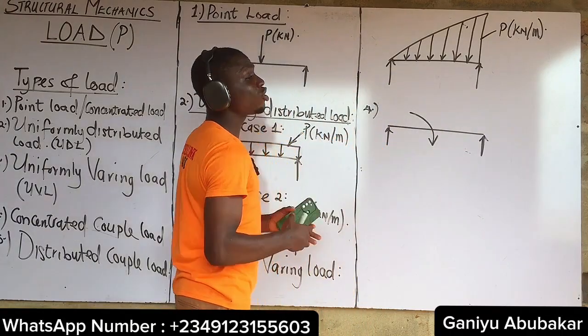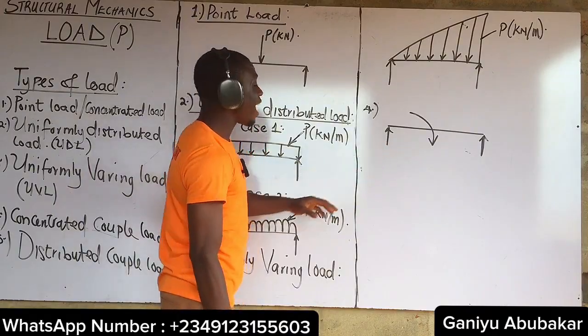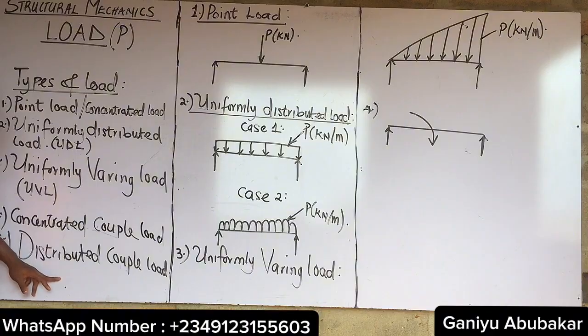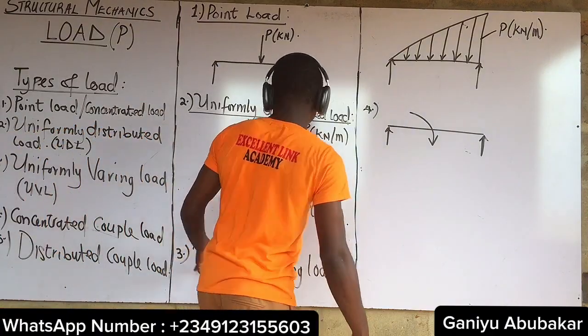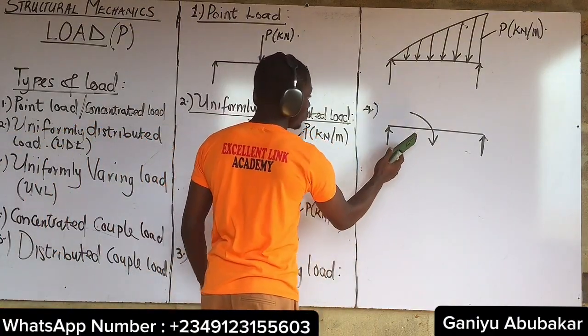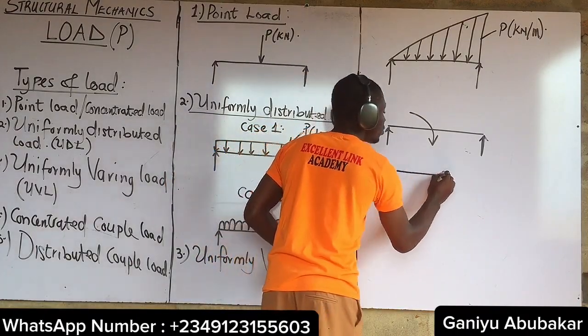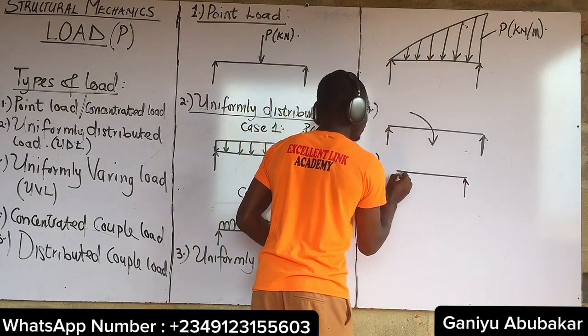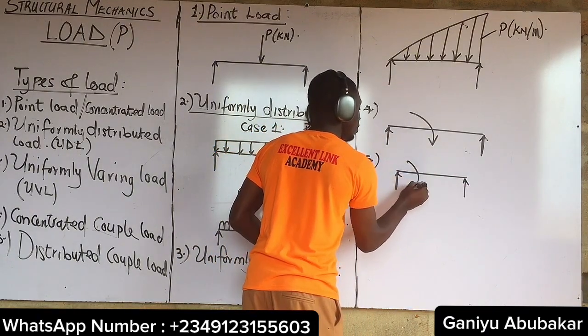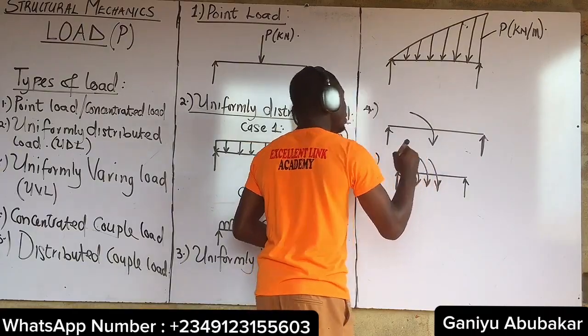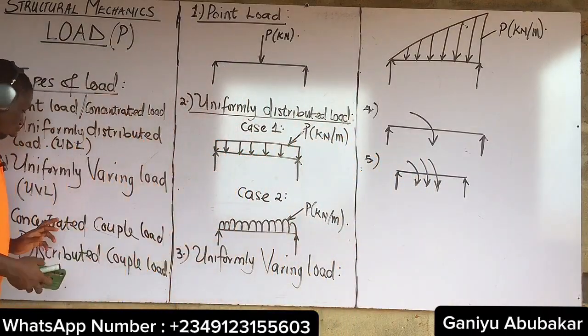Whenever I see something of this nature, these are just to show that they exist. That's why I put these two. Number 5 here becomes something of this nature. So these are the concepts behind these two types of load.